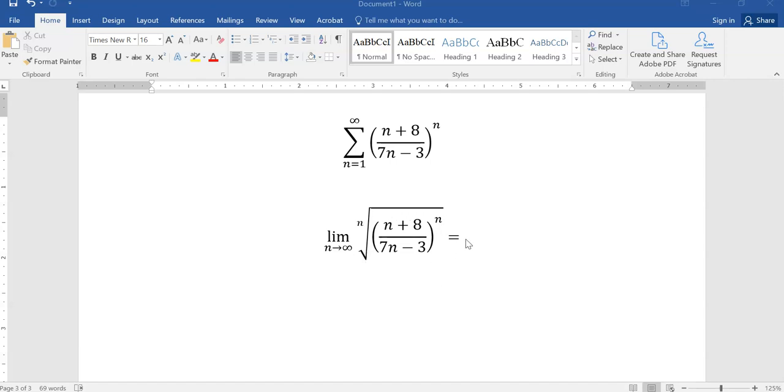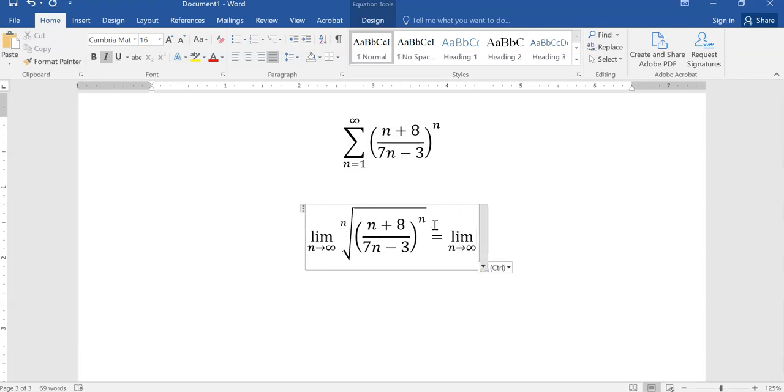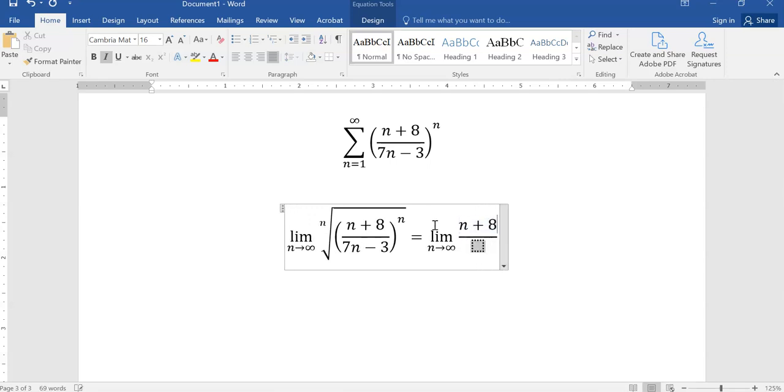The nice thing about this, and the reason why this is a good test when we have nth powers, is that the nth root of the nth power will cancel out, and you'll end up with the limit of n plus 8 divided by 7n minus 3.